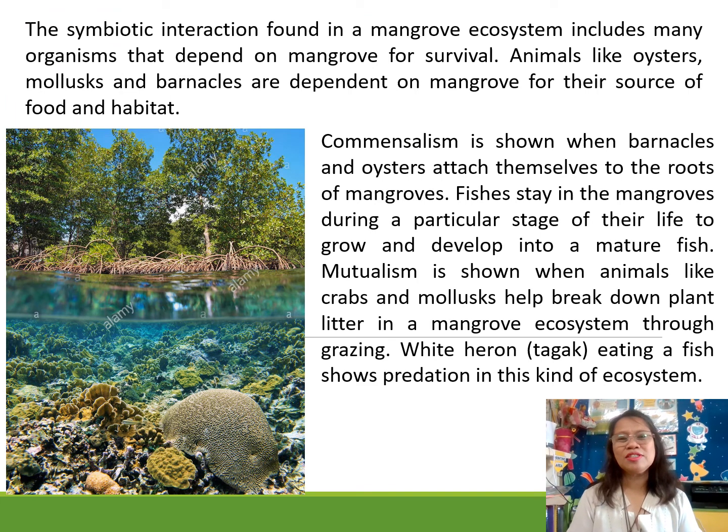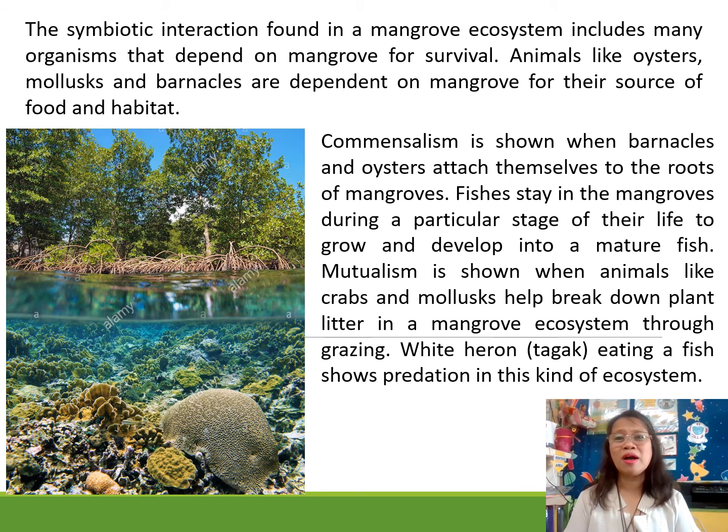The symbiotic interaction in a mangrove ecosystem includes many organisms that depend on mangrove for survival. Animals like oysters, mollusks, and barnacles are dependent on mangrove for their source of food and habitat. Commensalism is also shown when barnacles and oysters attach themselves to the roots of the mangroves.